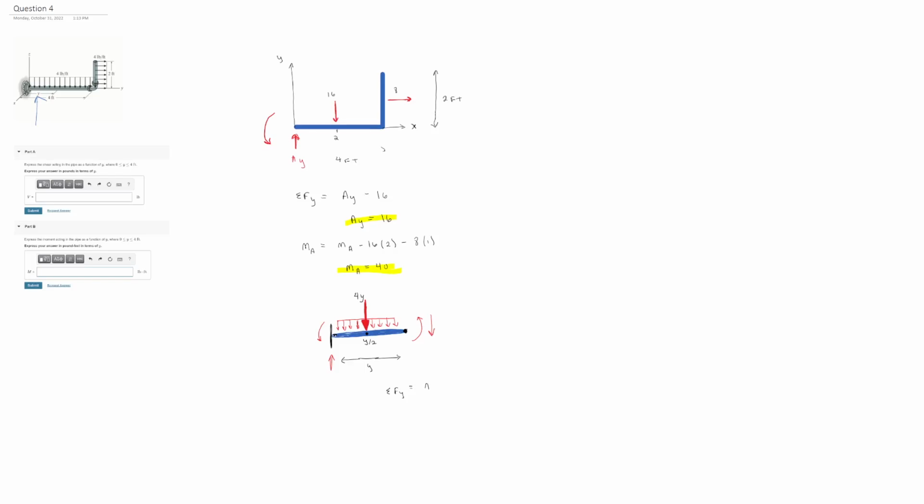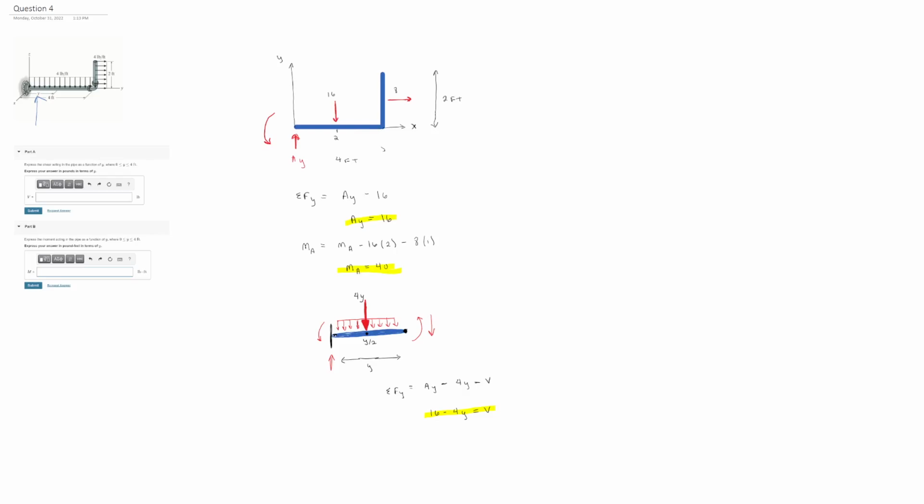So we have Ay minus 4y, which is pointing down, so it's negative, minus the V, which is what it's asking us for. We already know that the Ay is 16, so that makes it 16 minus 4y equals V. Okay, so that's the answer for the V.